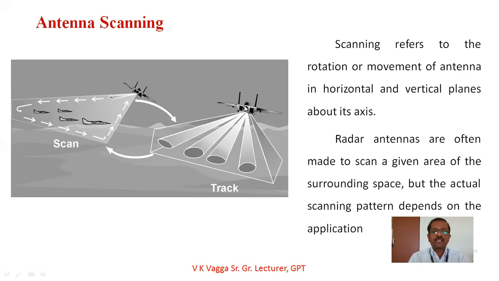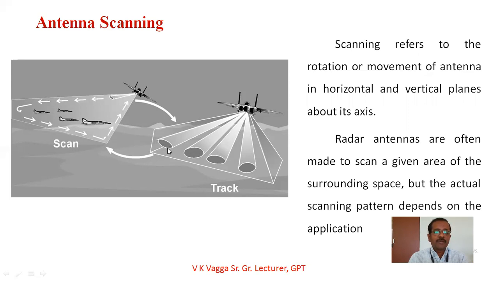Suppose consider that this is an aeroplane and it is fitted with the radar antenna. It is going to form the track first. This is track one, this is track two, this is track three, etc. In this way it is going to form the tracks, and each track can scan a certain area.